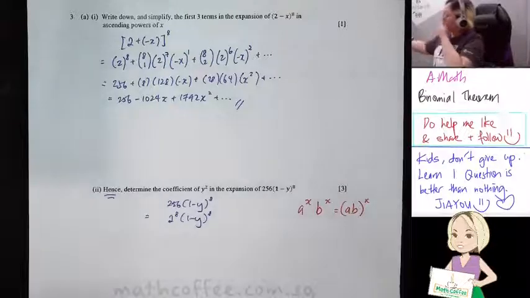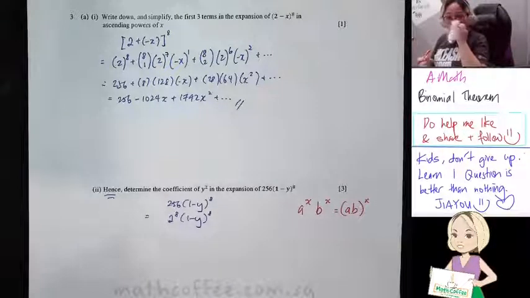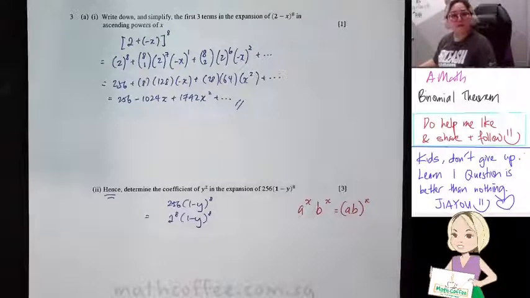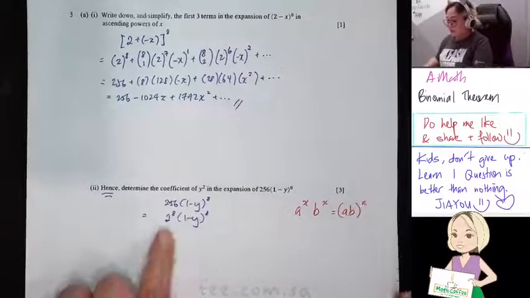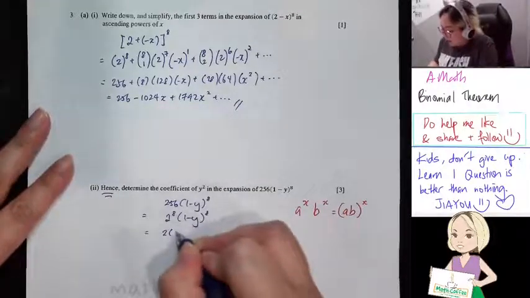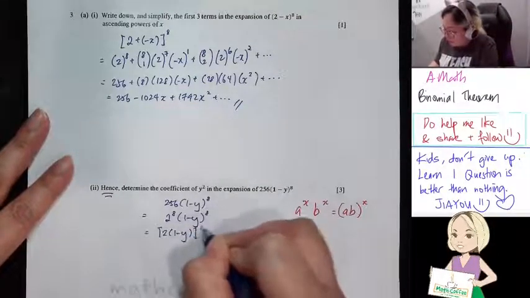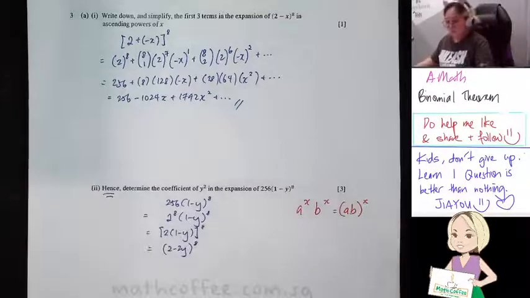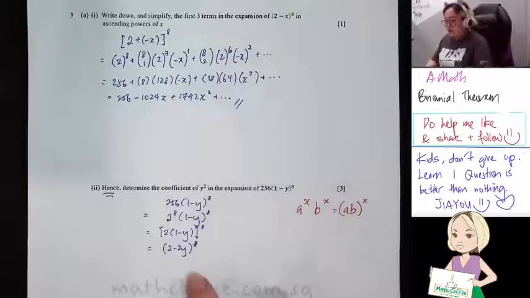So we make use of this, and this one is actually 2 times 1 minus y to the power of 8. So it becomes 2 minus 2y to the power of 8.